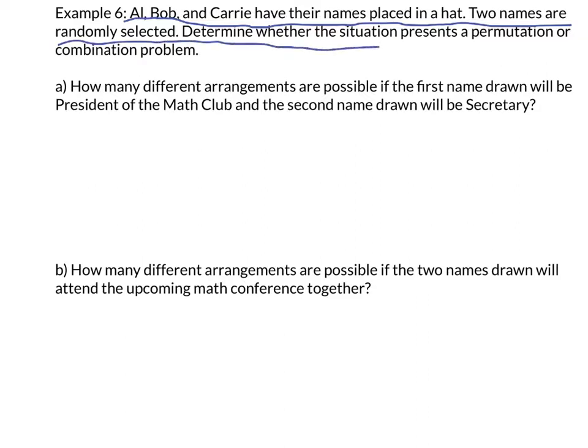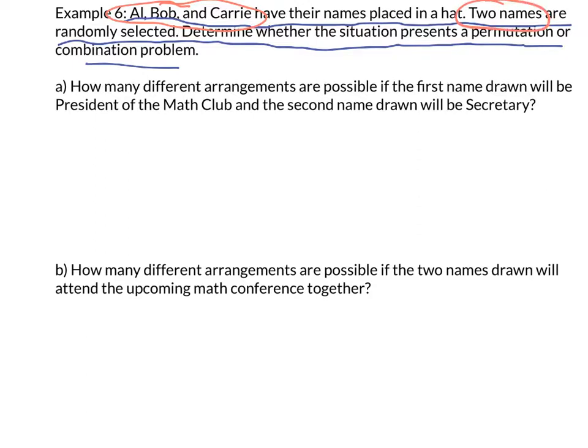Determine whether the situation presents a permutation or combination problem. Before I read any further, please notice that even though there are 3 total names going into this hat, Al, Bob, and Carrie, we're only selecting 2 out of the 3 people.